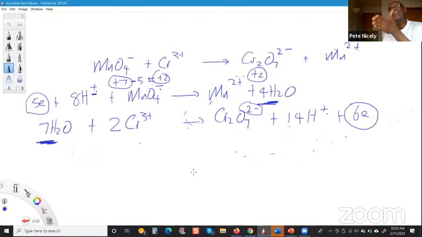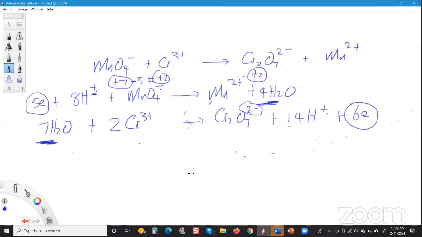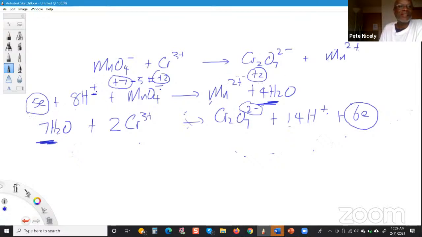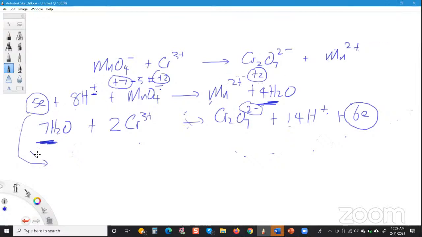Remember the goal of this exercise. We multiply the left side by 6, the entire thing by 6. Correct, yeah, you multiply this equation here by 6.